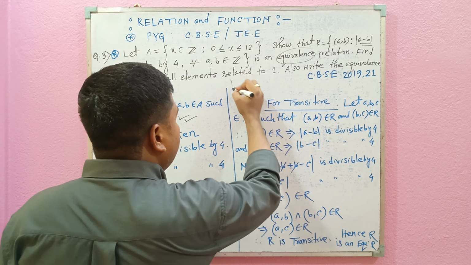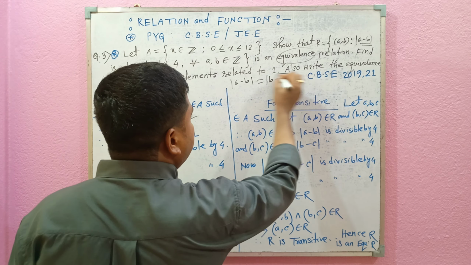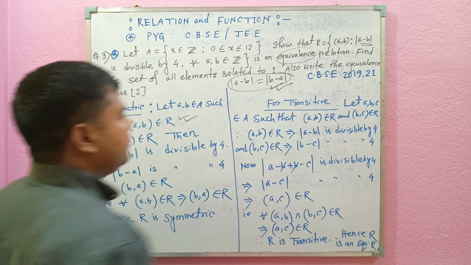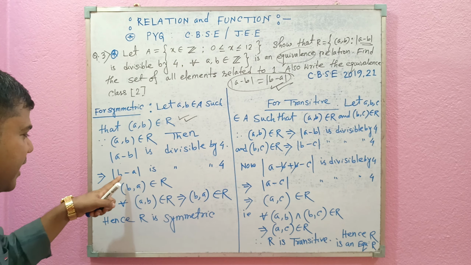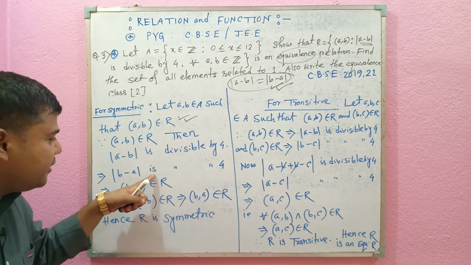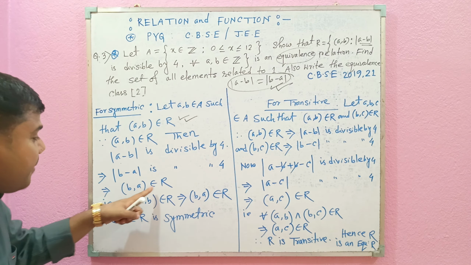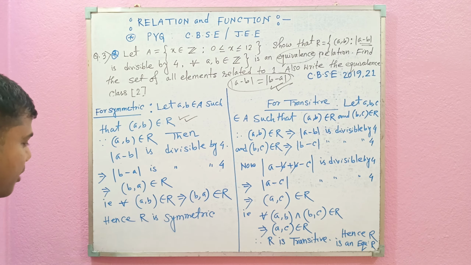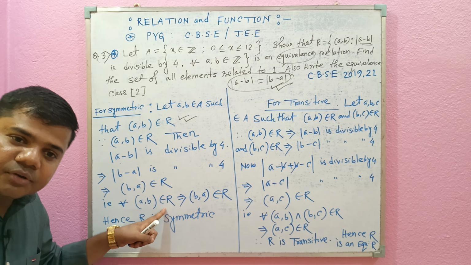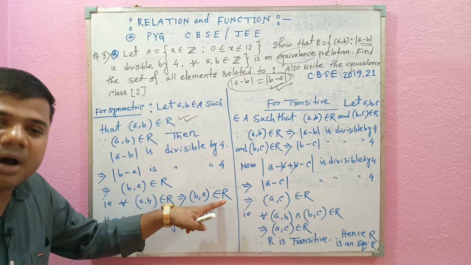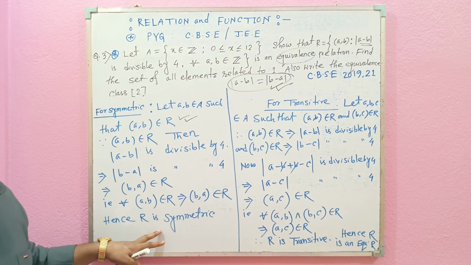We know that modulus a minus b is equal to modulus b minus a. This modulus a minus b is divisible by 4, which implies that modulus b minus a is divisible by 4. That is, (b, a) belongs to R. Then we have for all (a, b) belongs to R implies that (b, a) belongs to R. So, hence R is symmetric.